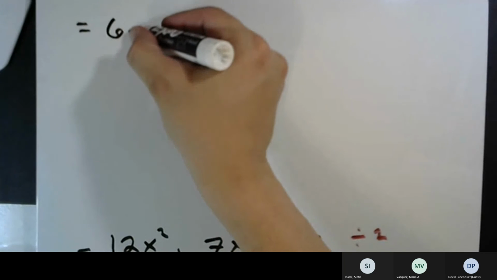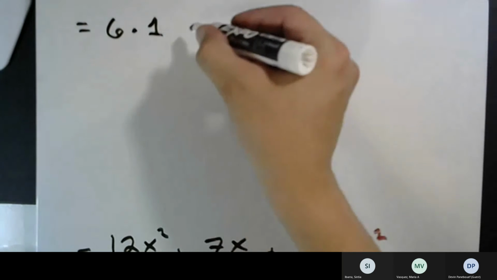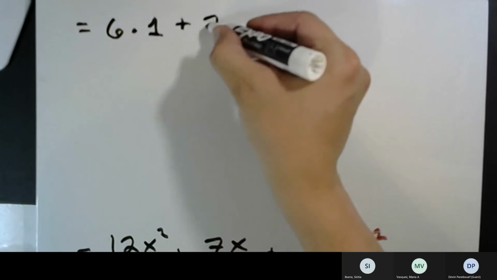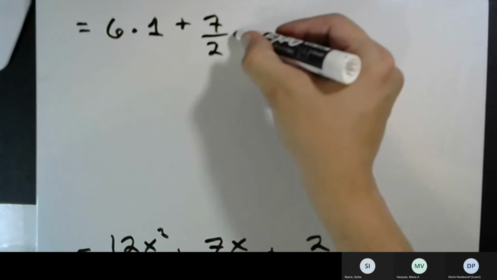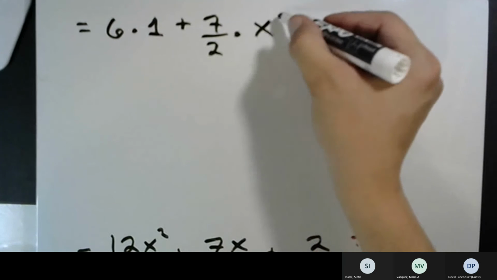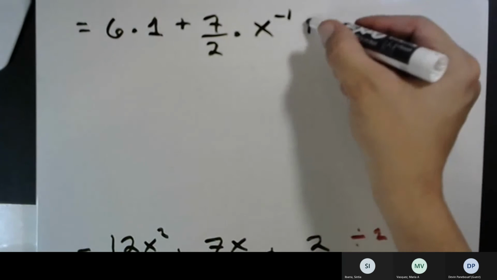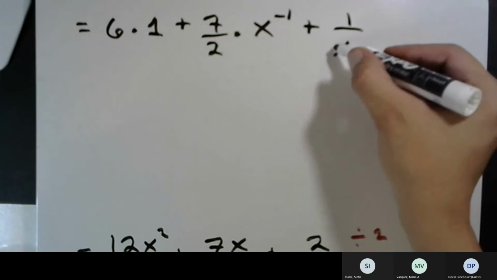Yeah. 6 times 1 plus 7 halves times x to the minus 1 plus 1 over x squared.